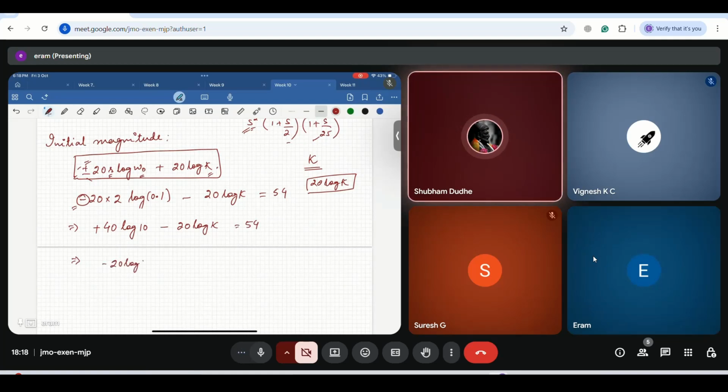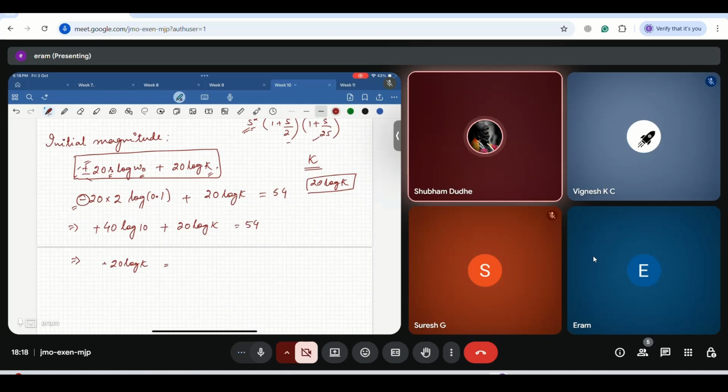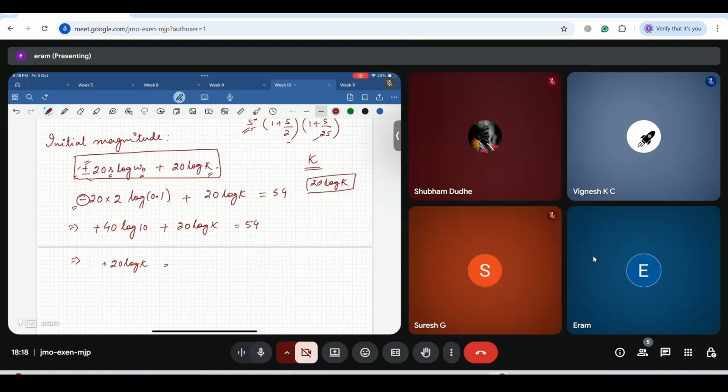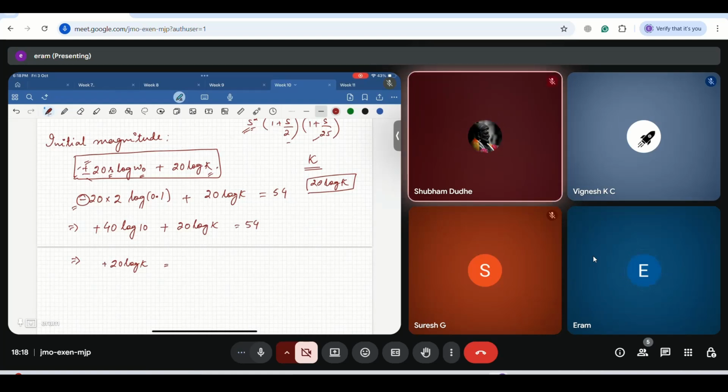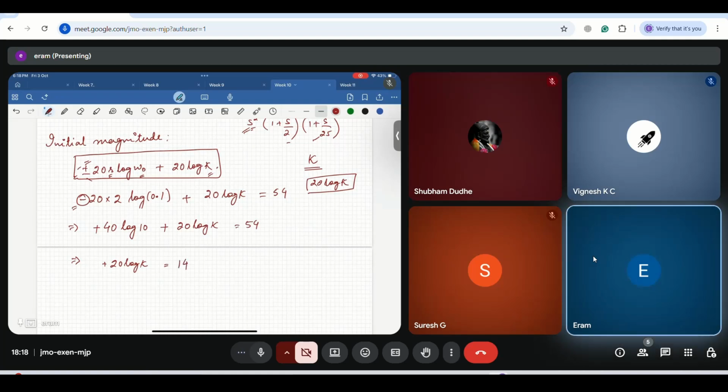Then in the next step, how did you change the sign? No, no, that's a mistake. It is plus. It is plus. So it is 54 minus 40 will be 14.